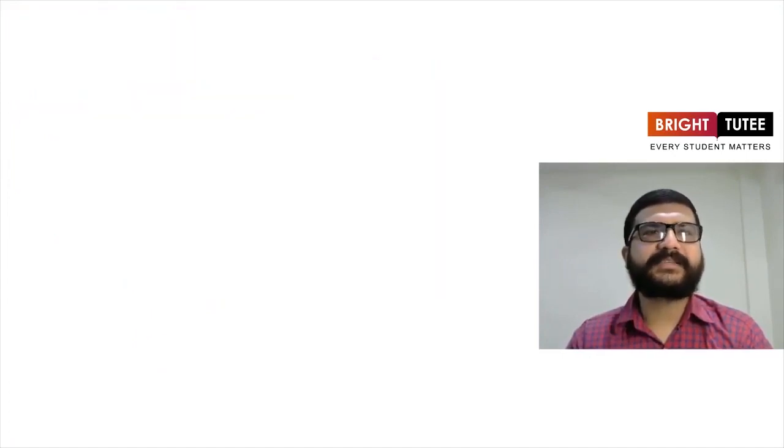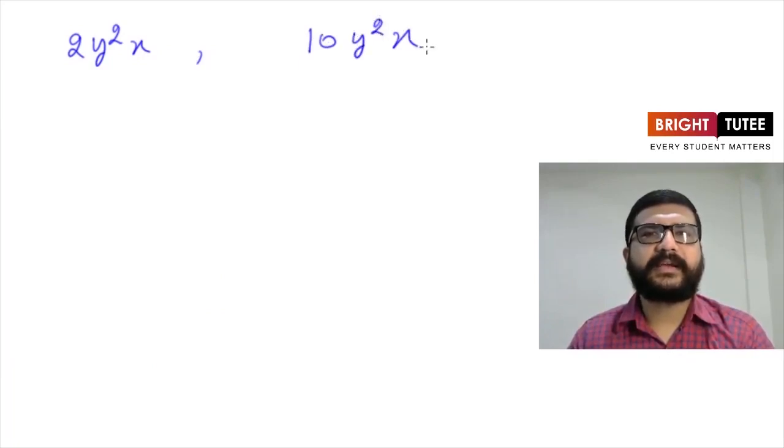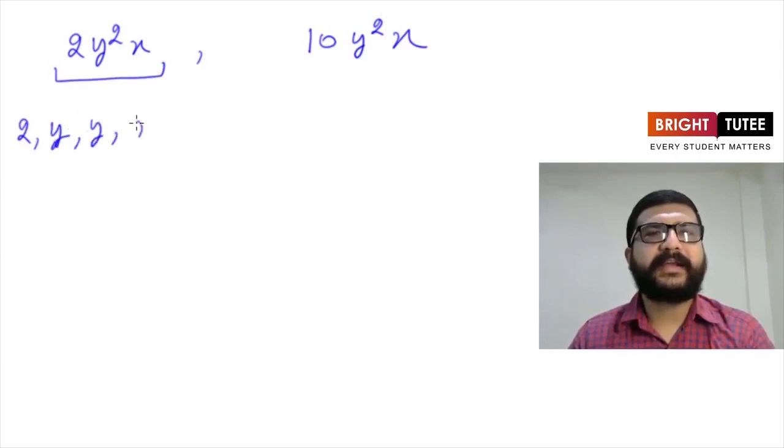Now let's take one more example. Suppose we are having 2y square x, and the second term is 10y square x. Now here, what are the factors of the first term? Factors are 2, y, y and x. So these are the four factors.